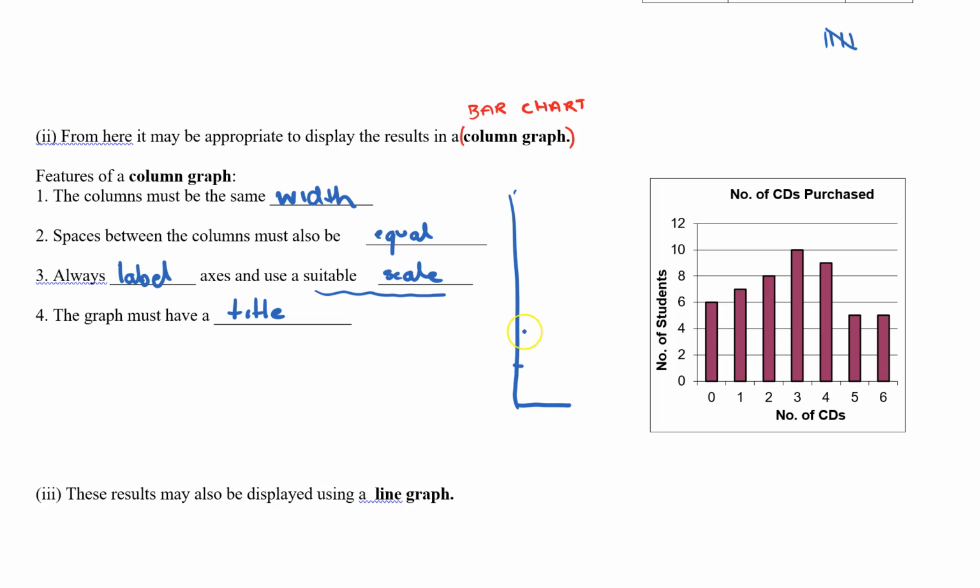If I mark off a scale where this is 10, 20, 30, 40 students, etc., then that would be deemed to be an unsuitable or inappropriate scale. My tallest column here for 3 CDs would only ever get to here. That is clearly not making the most of the space that I have. That would be a very unsuitable scale. So that's what I mean by that. I'm sure you wouldn't do that sort of thing anyway, but I just thought I would clarify what I meant by a suitable scale.